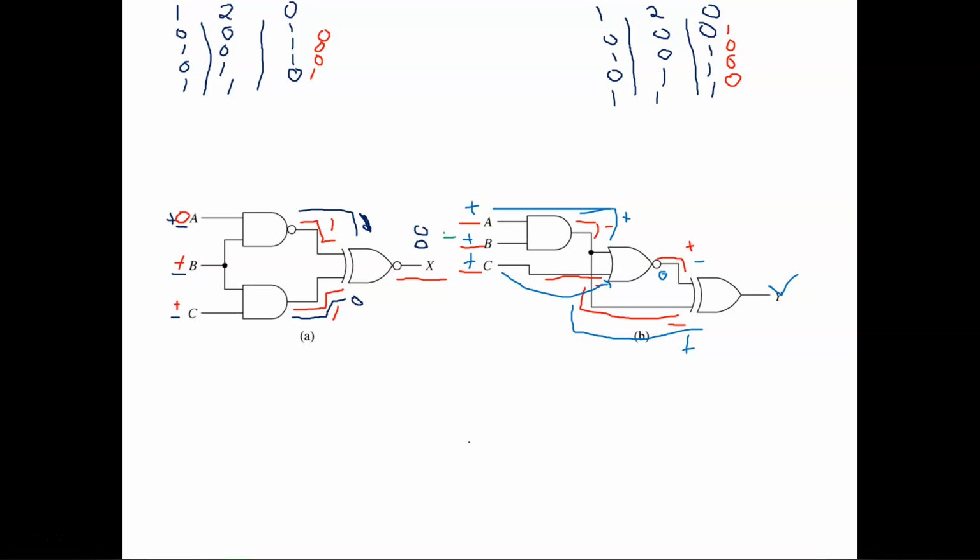So if I change this guy to a negative and these guys stayed positive, I would get a negative output for this guy. That would mean I've got a positive input for this guy, which would give me a negative output, and a positive input on the other side, which would allow me an output.